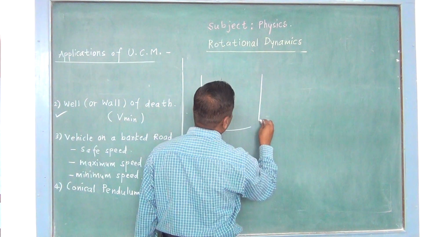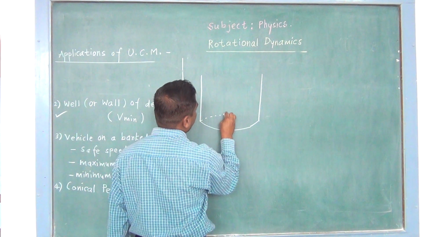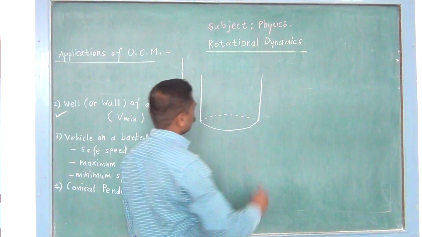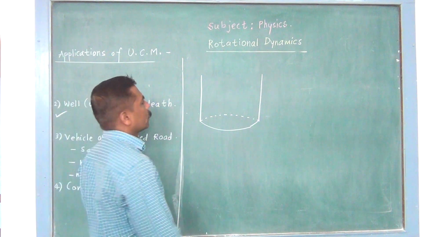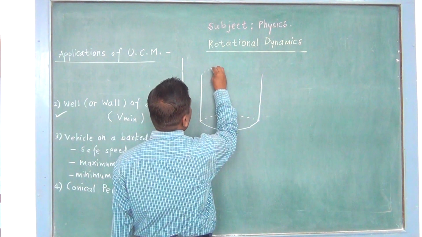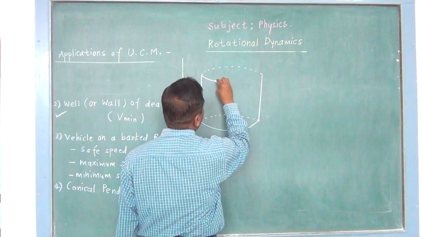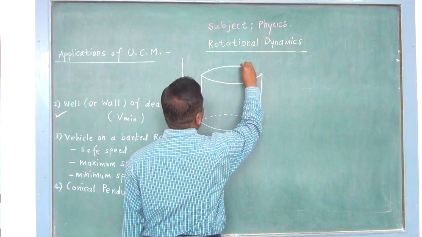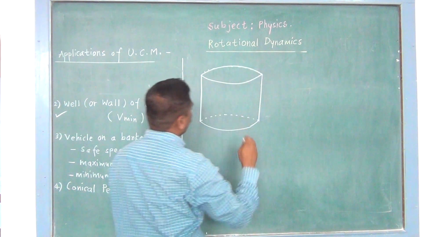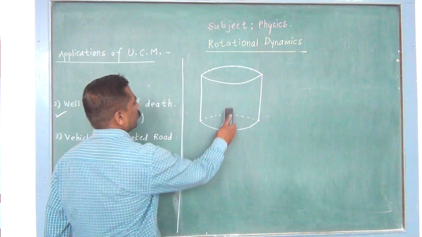Okay, so we can represent it like this. This is the lower part which you can observe. Similarly, we can show here the upper part, which is shown like this. So you will find this is the diagrammatic representation for the well or wall.